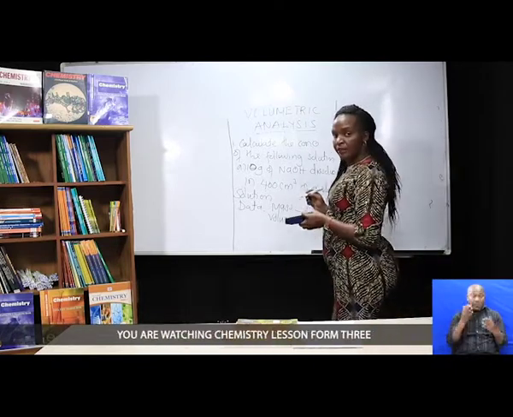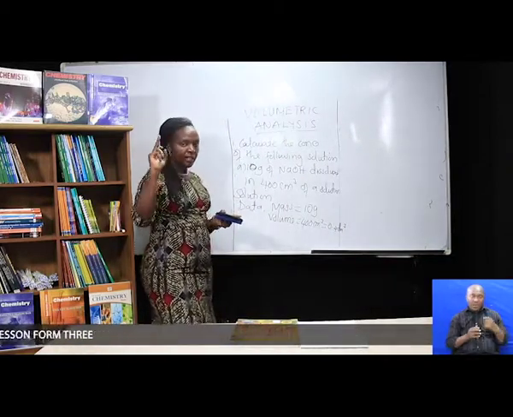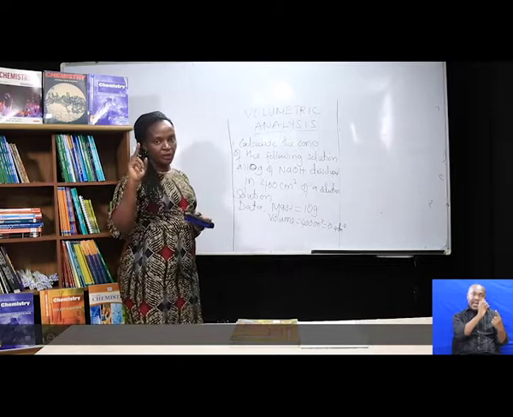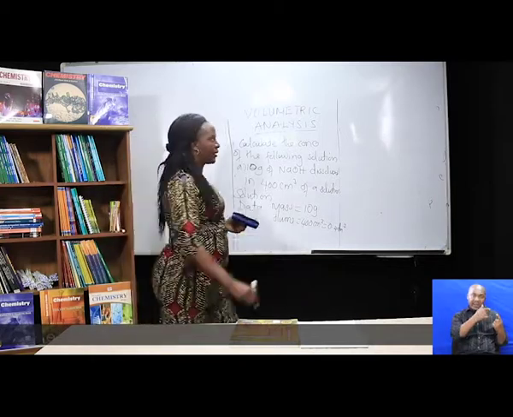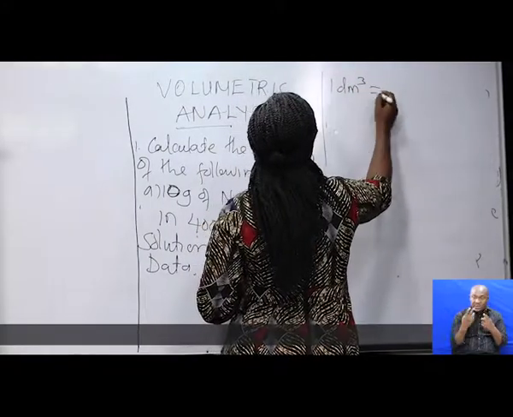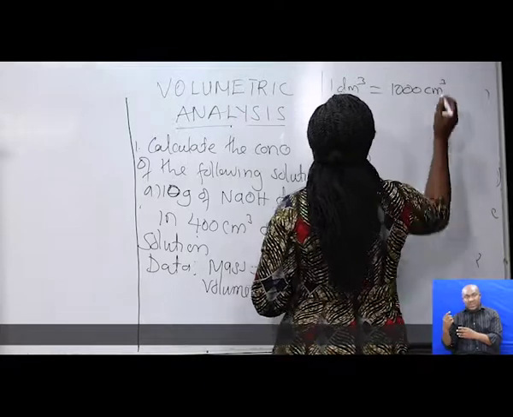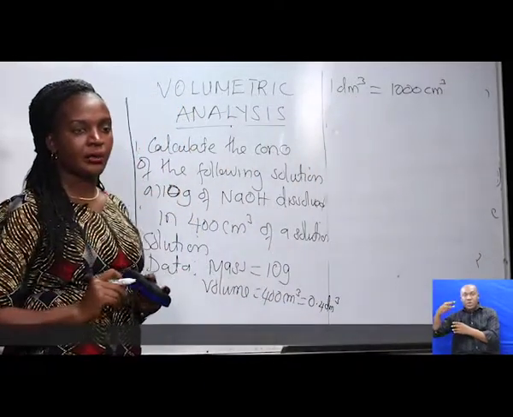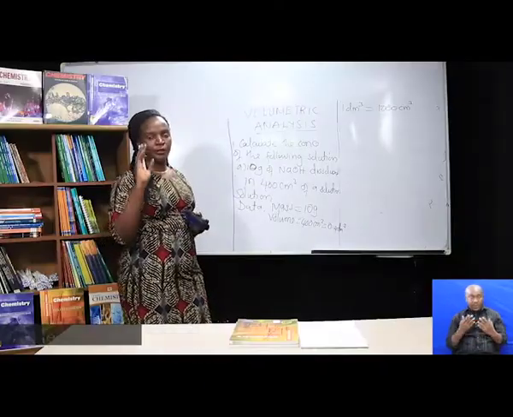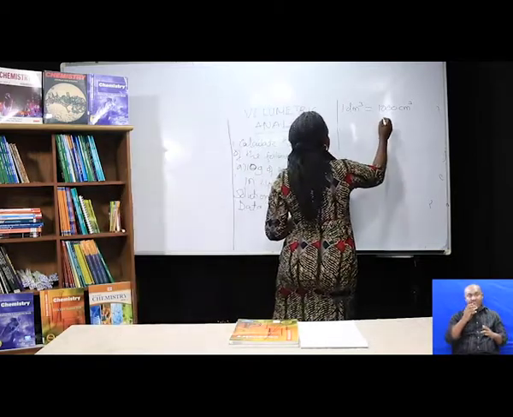We know that 1 decimeter cubic is equal to 1,000 centimeter cubic. From our question, we are given 400 centimeter cubic.